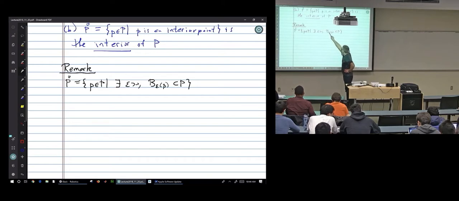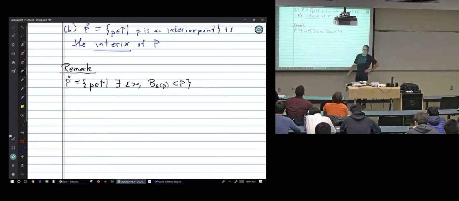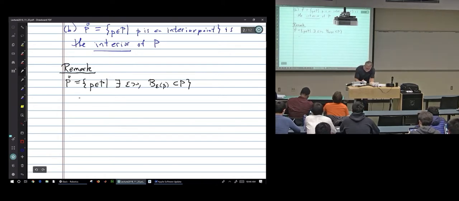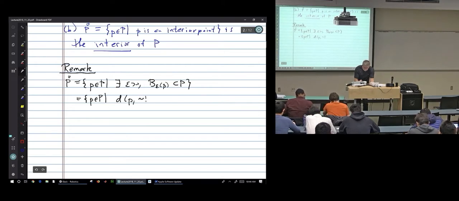Now if I can put an open ball around P, what do I know about the distance of this point to the complement of P? It's positive, okay? So this is our mental gymnastics. It's the set of all points P in P. It's just the distance from P to the complement of P, strictly greater than 0.